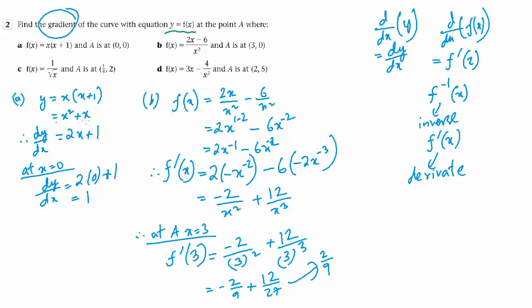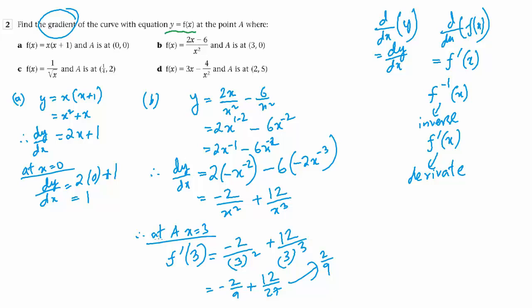So this is the same way of doing the sum. Now if I did the sum by writing dy by dx instead of f(x), let me now remove this. So instead of f(x), I would be writing y. Instead of f prime x, I would be writing dy by dx.